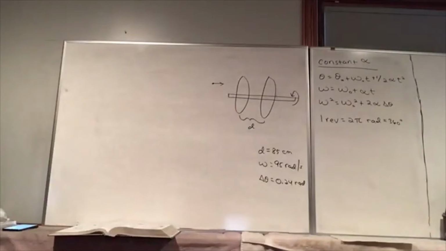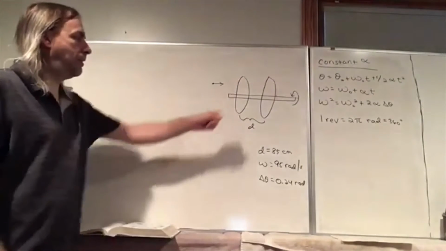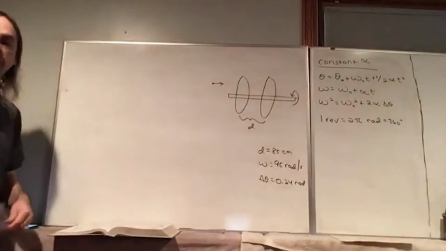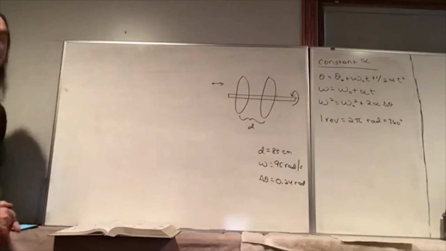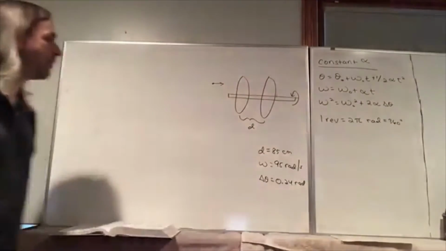And of course, we're assuming that these discs are made of some kind of flimsy material, so that the bullet can pass through without slowing down significantly. Trying to measure the speed of a bullet, if we slow it down, that's obviously a problem.